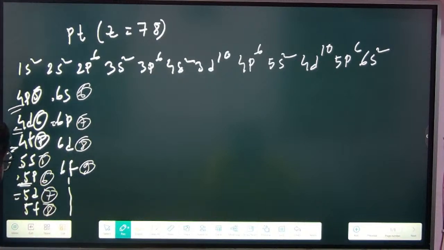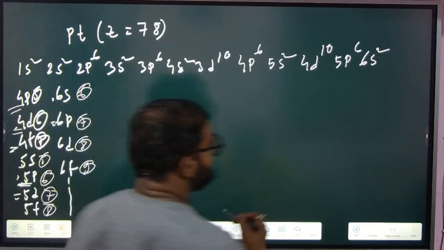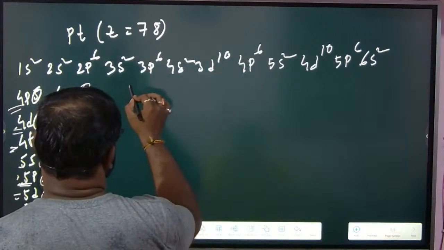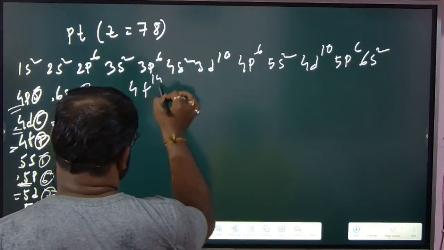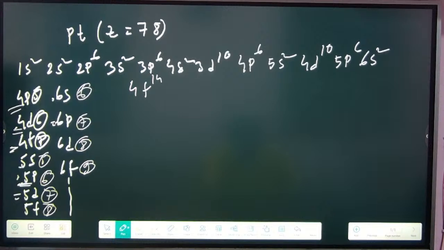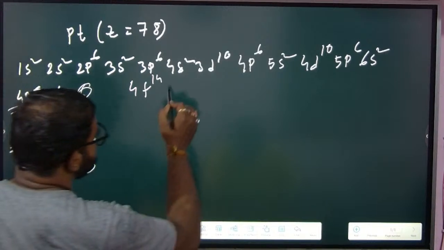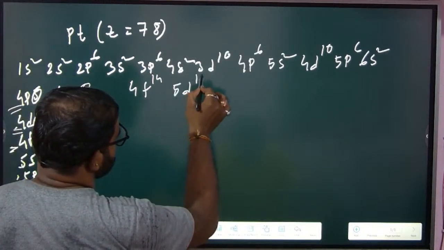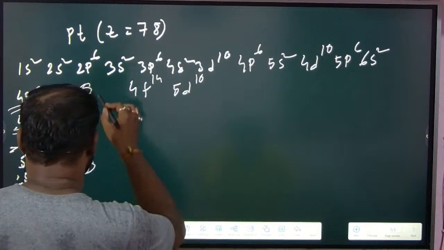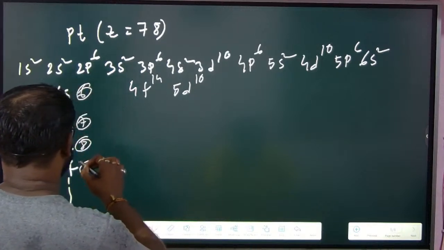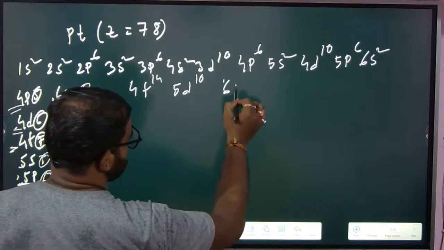The first one is 4f14, then 5d10, then 6p6.